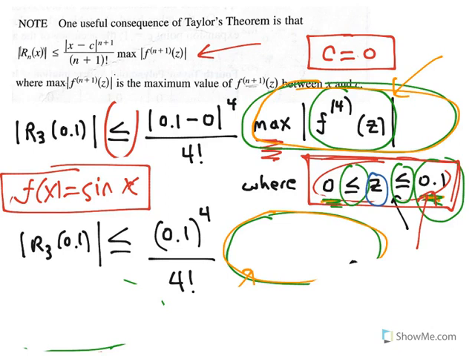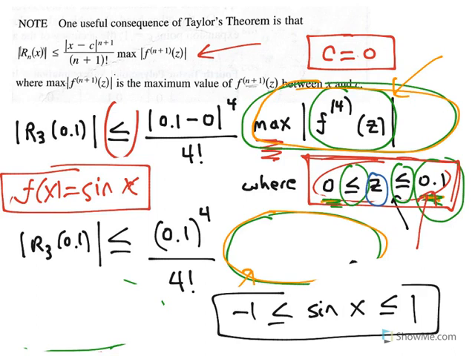For example, first of all, the sine function for any x will range between -1 and +1. So if you wanted to save time, you can just put a 1 here because the fourth derivative of sine can be no bigger than 1 for any value of z.